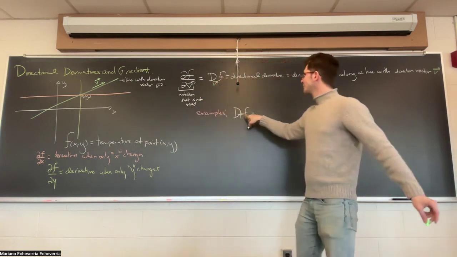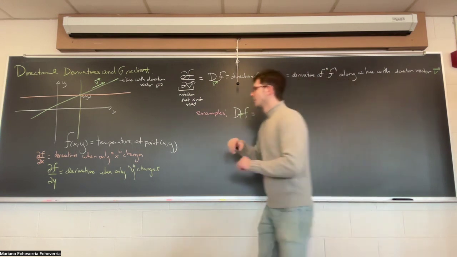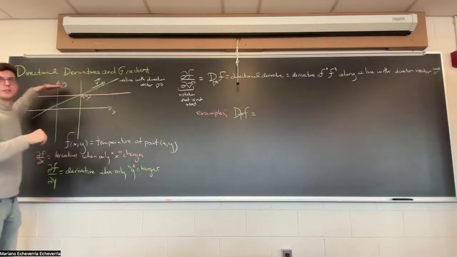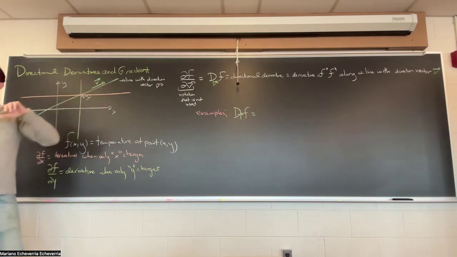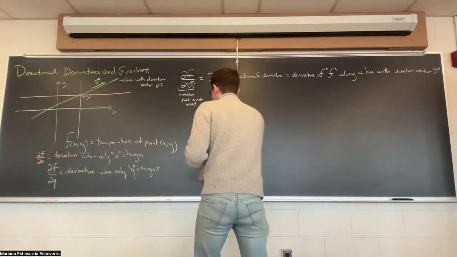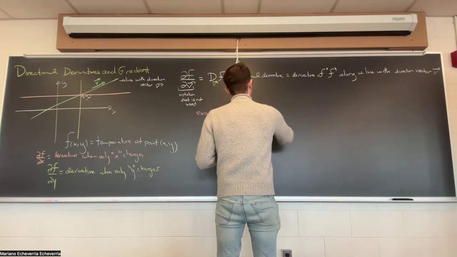This means how much the function is changing when you move in the direction of the vector i. But what is the vector i? Remember, i is always (1, 0). So that is the partial with respect to x. They are meant to coincide in that case. So this one should just give you the partial derivative with respect to x.